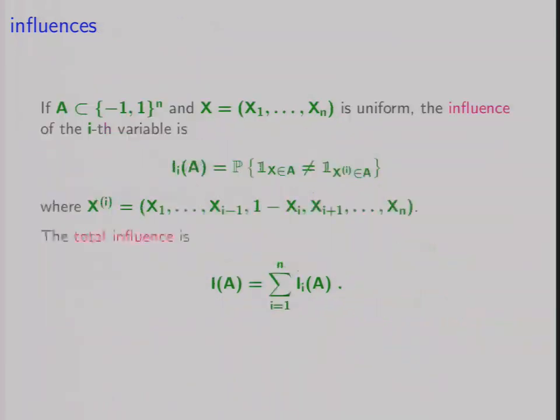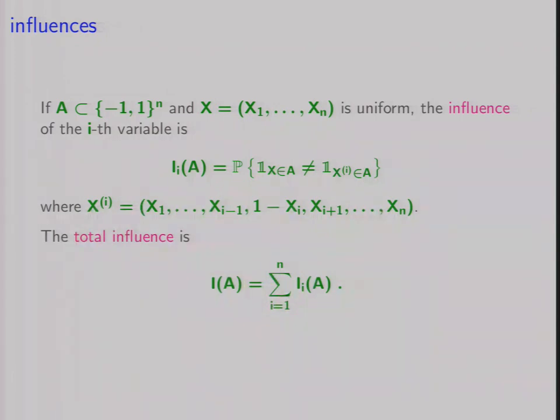Why is it an isoperimetric result? Because what's the total influence? If we have a point which is in the set, then we want to look at how many variables are influential. If you count this in a different way, then you just count how many edges lead out from this set. So if you have a set A, and now you look at the complement of A, you count how many edges there are between these two sets.